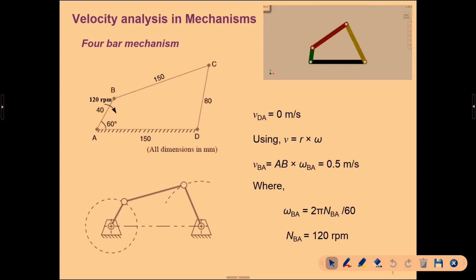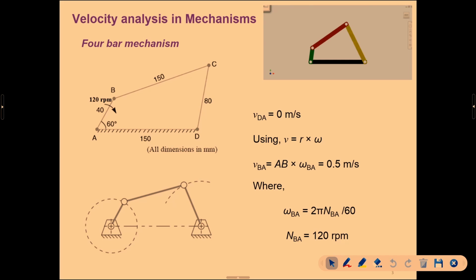As a whole, the link AD is fixed and other links either make full rotation, like AB, or, like BC and CD, make partial oscillatory motion.